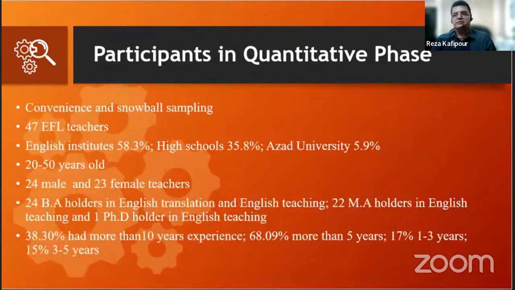Regarding the years of experience, around 38% of the participants had more than 10 years of experience, 68% more than 5 years, 17% something around 1 to 3 years of experience, and 15% 3 to 5 years.